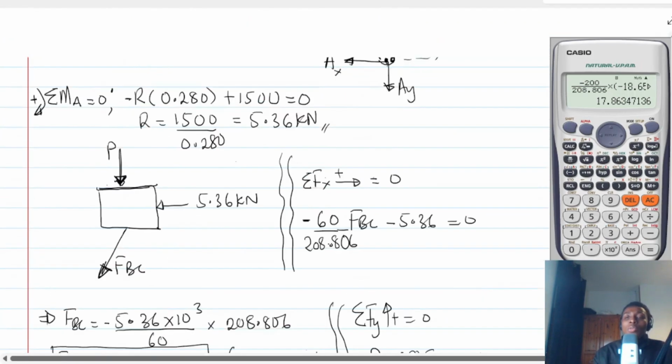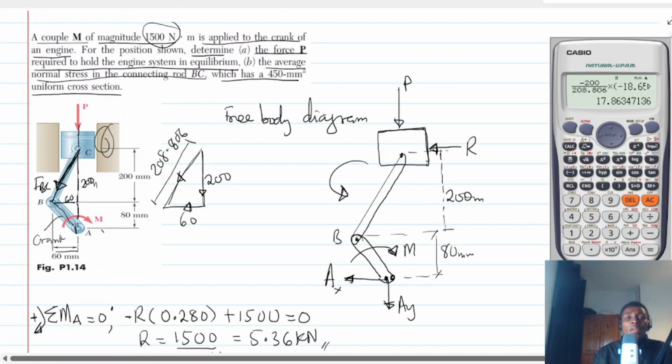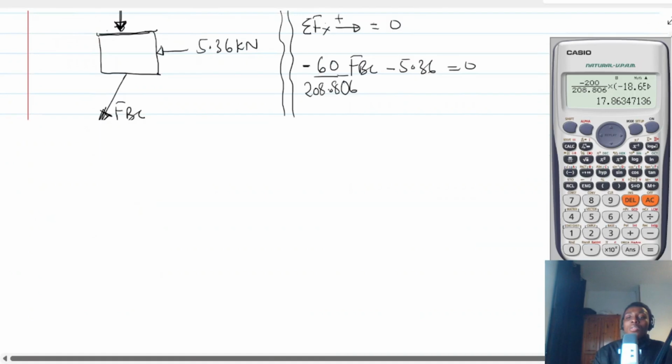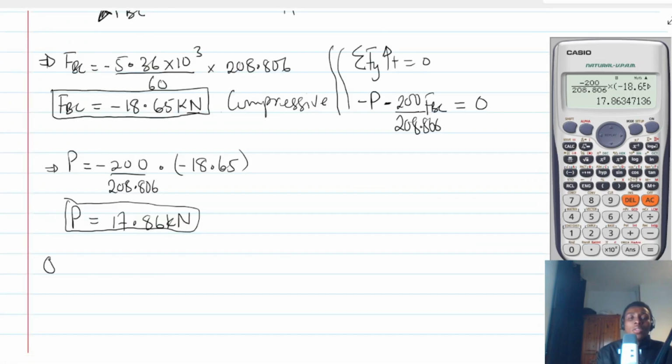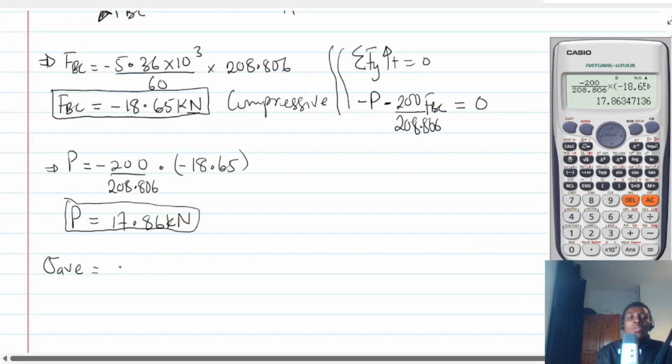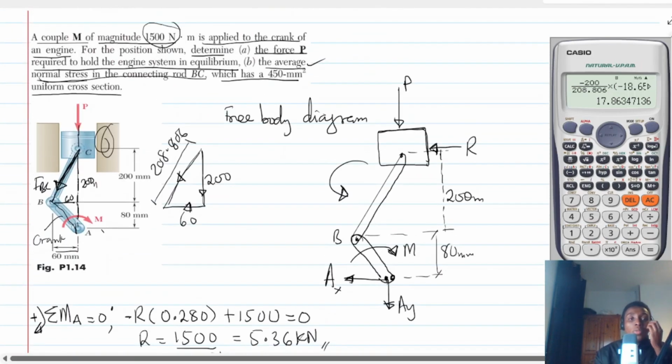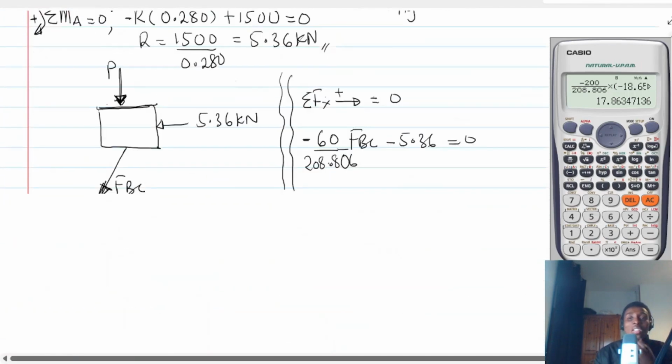Okay, so the first part of the question has been solved. Now he said we should calculate the average normal stress. So the average normal stress will be the load. Oh, sorry. He said the average normal stress in the connecting rod BC.